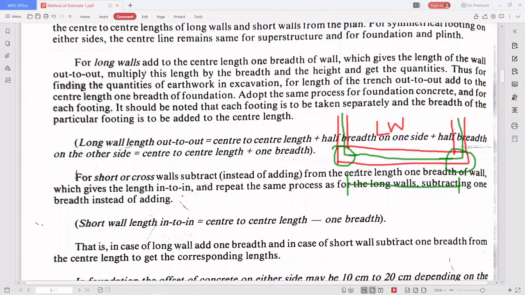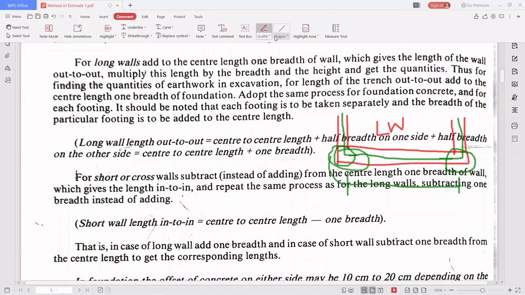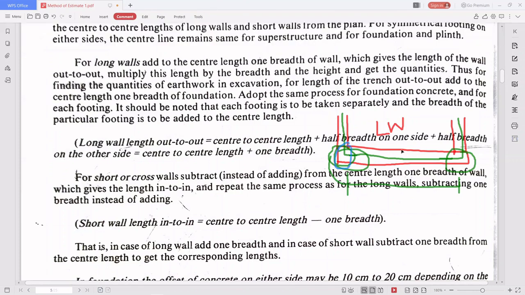Whenever we take an example now, you'll get to know. Similarly for the short wall, instead of adding this portion, we are subtracting it, because we already have that portion of material in the long walls.